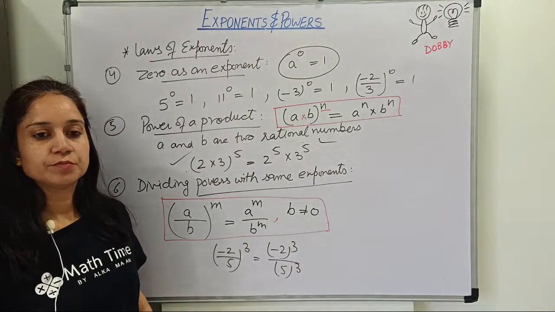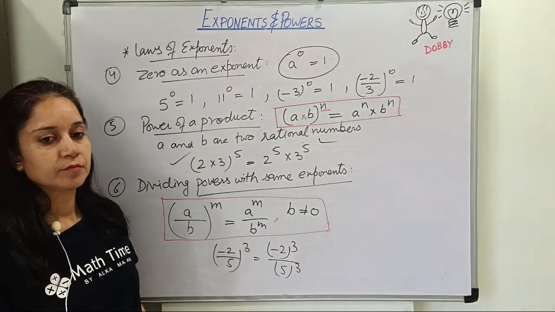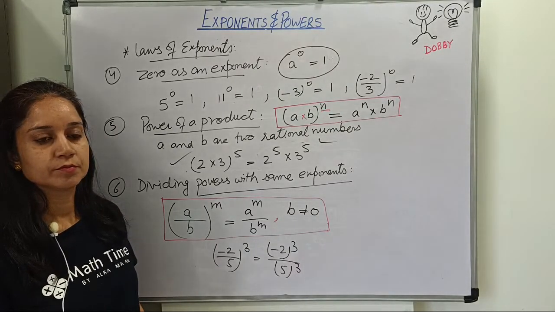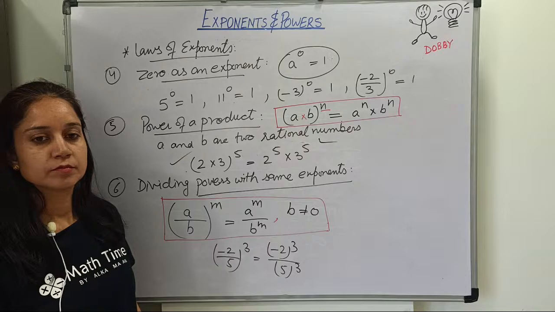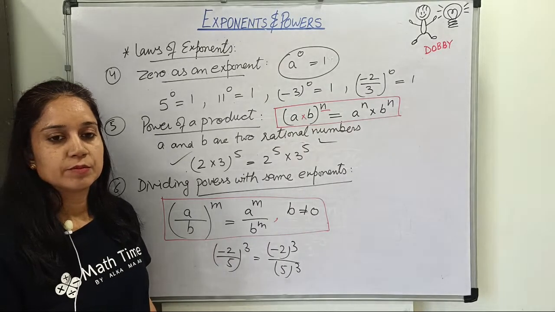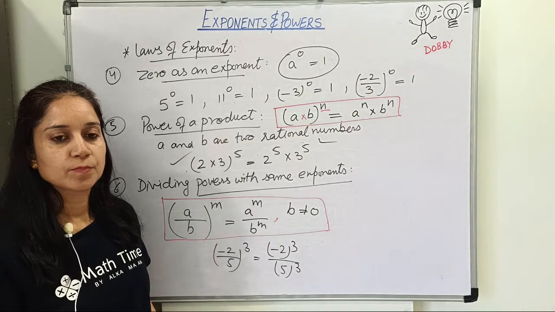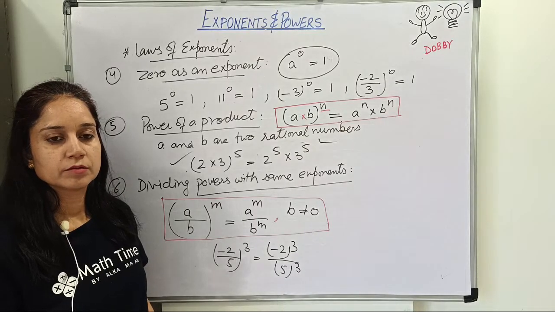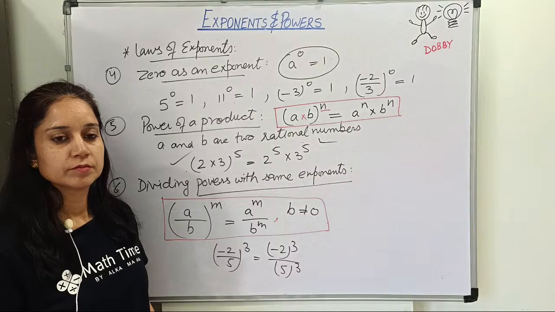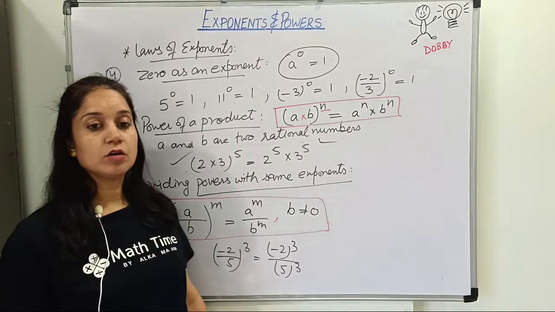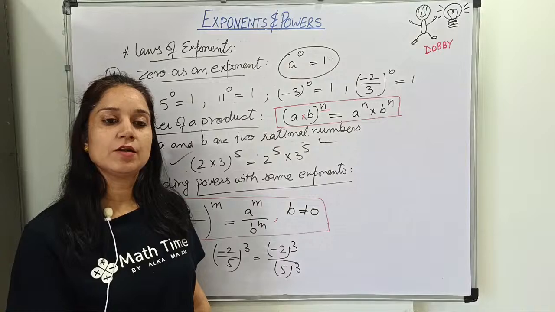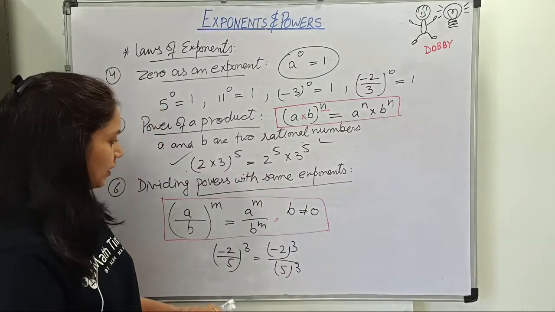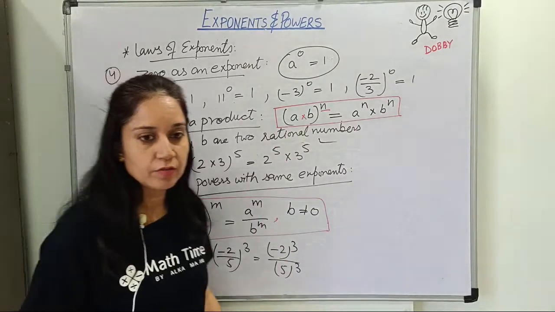Done this much? Abhipsa, Huma, Manya. So these are the 6 laws. Now we are going to practice these laws on the questions. I am rubbing the board as you all have written.